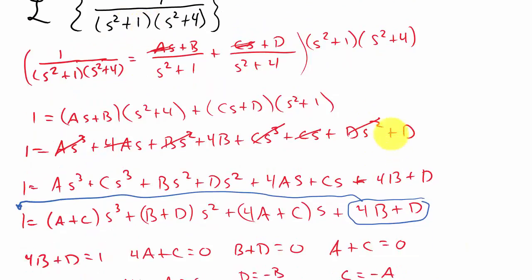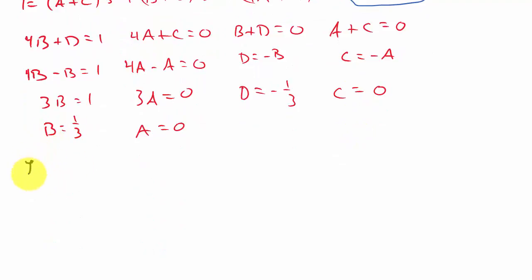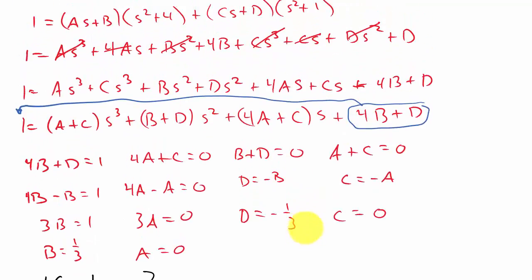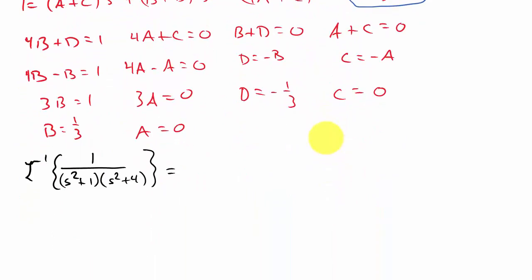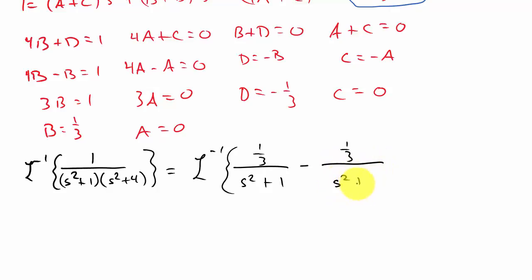So I have the inverse Laplace transform of 1 over s squared plus 1 times s squared plus 4 is equal to, alright, I'm going to put 1/3 in for B. So that's going to give me 1/3 over s squared plus 1, and then I'm going to put in the minus 1/3 for D. So this is going to be the inverse Laplace transform of 1/3 over s squared plus 1, and then minus 1/3 over s squared plus 4.